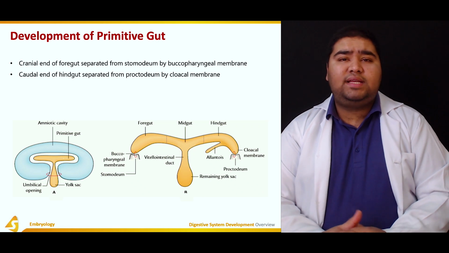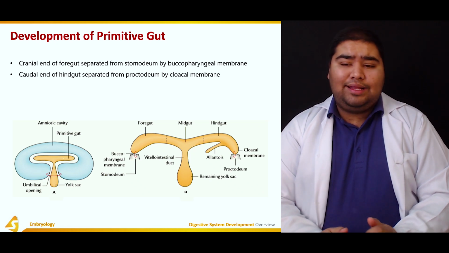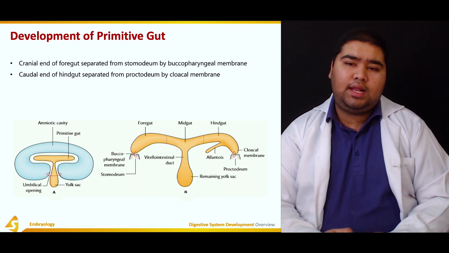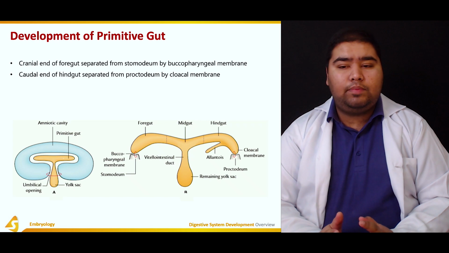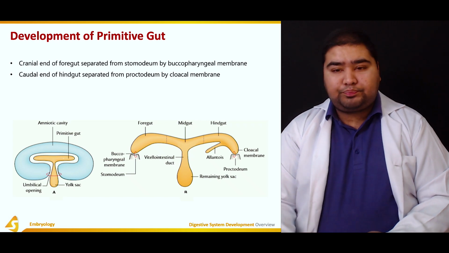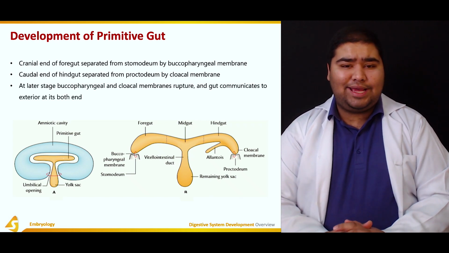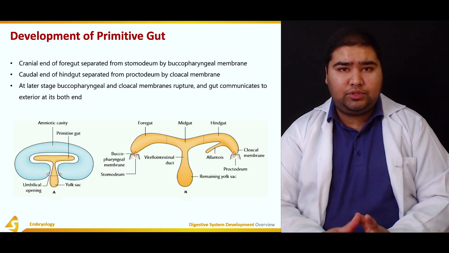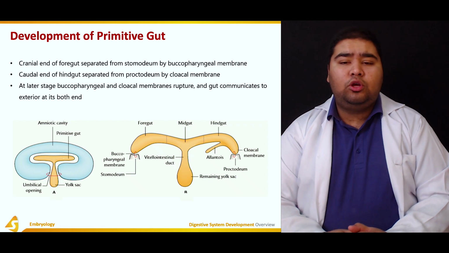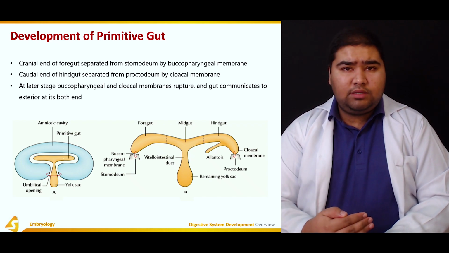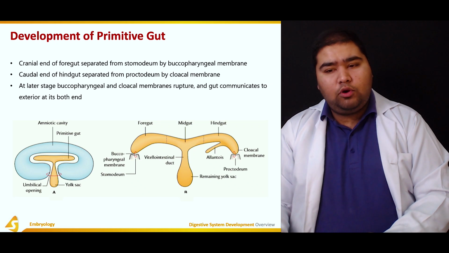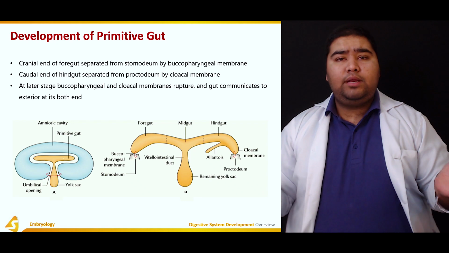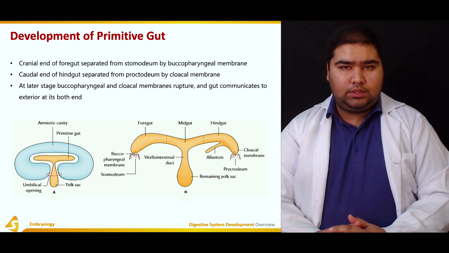Proctodeum is the future site of the anal canal, and at this moment the hindgut is being separated from the anal canal by this cloacal membrane. At a later stage, both the buccopharyngeal and the cloacal membranes rupture, and there is a continuation of the foregut with the stomodeum and of the hindgut with the proctodeum, and as a result a continuous tube that is open at both ends is formed.